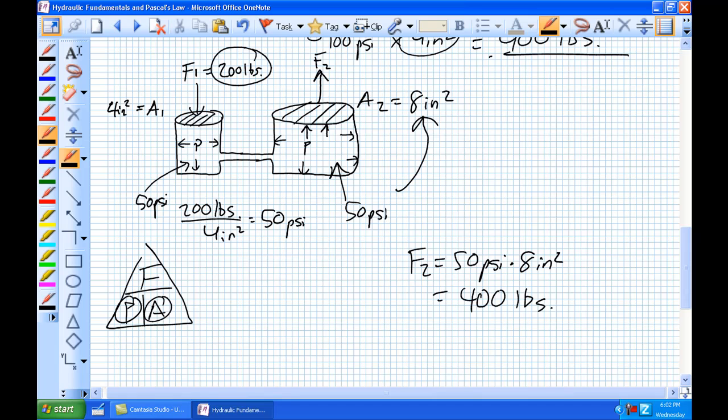So even though we applied 200 pounds of force in, we got 400 pounds of force out. That's what's known as a force multiplication system.